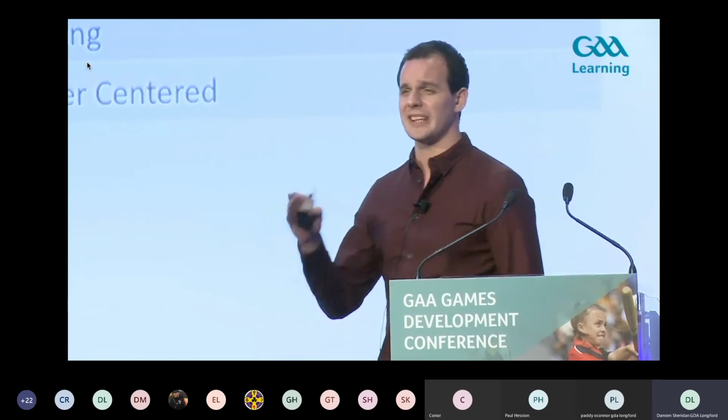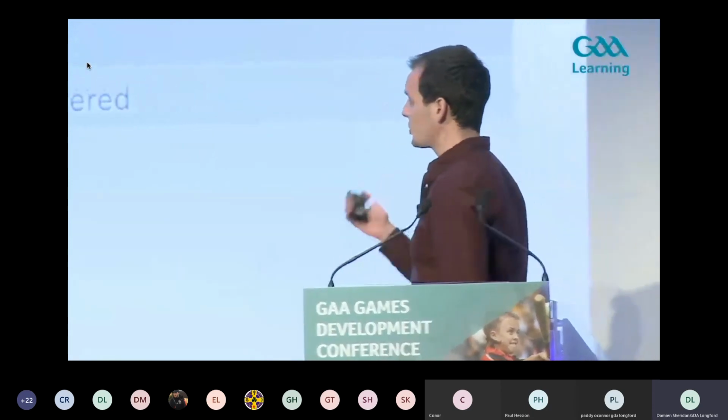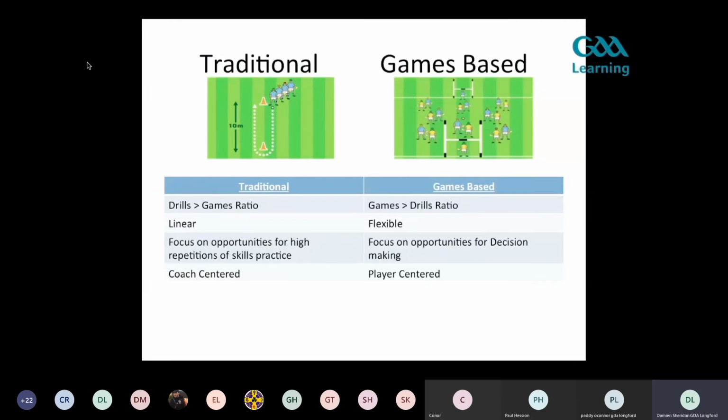So for example, your 4 versus 2s, your 5 versus 1s, you name it. But what you're allowing to take place is some level of decision making. Then in traditional there's a focus on, as I say, opportunities for high repetitions of skill practice, and the games-based believes in having high opportunities for decision making.